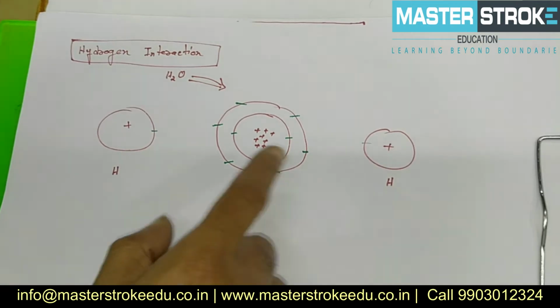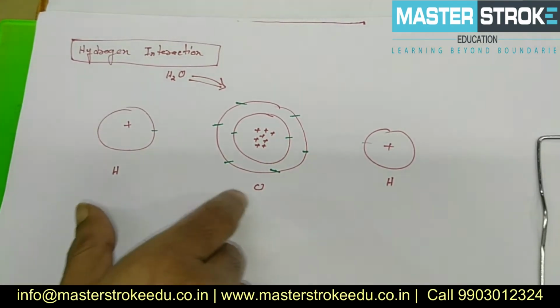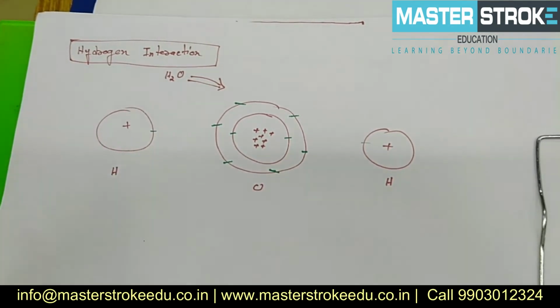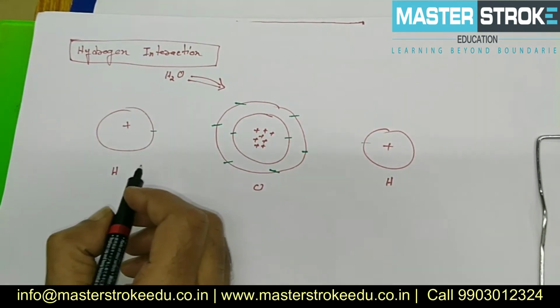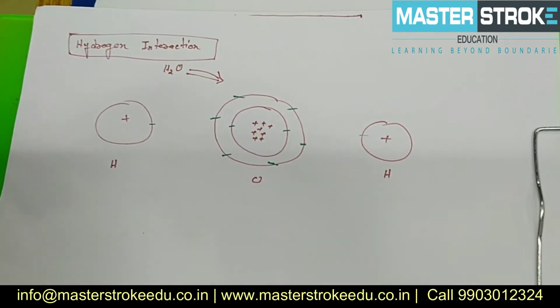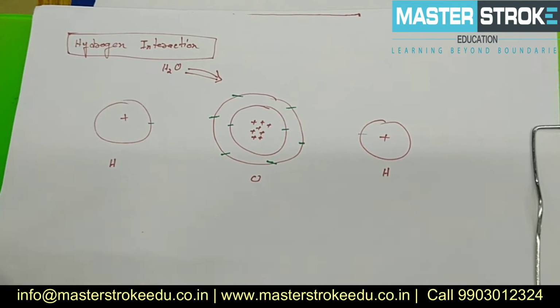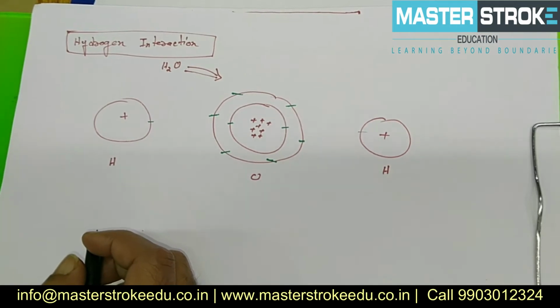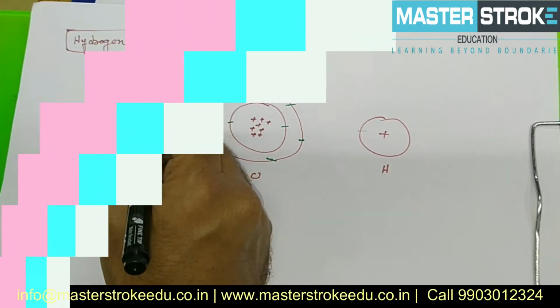The oxygen needs to saturate its outer orbit with 8 electrons, while each hydrogen on both sides needs 1 more electron to saturate its first orbit with the count of 2. So what happened? There must be electron sharing. Now we are talking about the hydrogen interaction, which is non-covalent, but first, the covalent bond happens here.